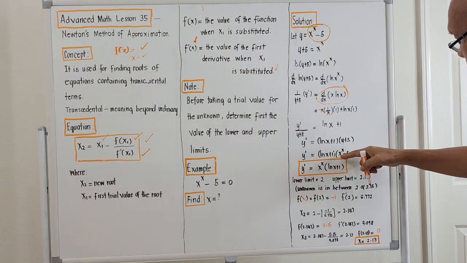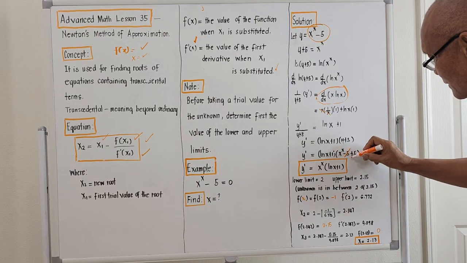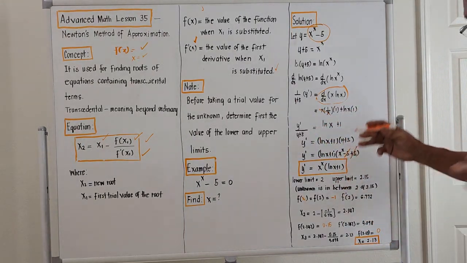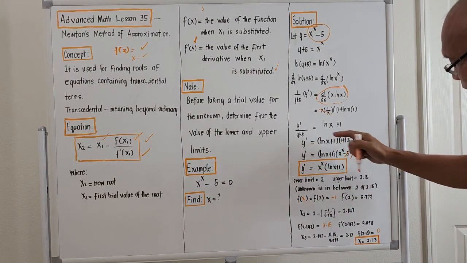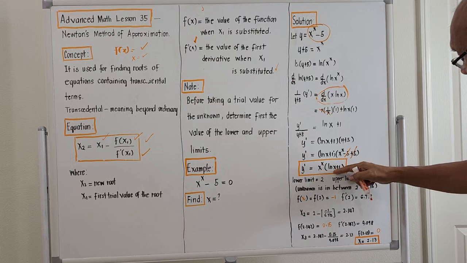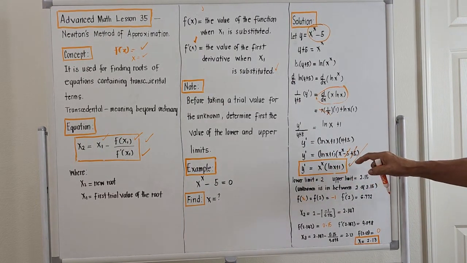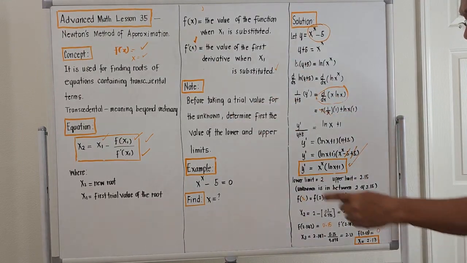Right? So this is x to the x minus 5 plus 5. So actually this cancels. So the first derivative of the complicated transcendental equation will be x to the x times the quantity natural logarithm of x plus 1. Why have we computed for this one? We have computed for this one because in the computation of the second root, we needed that one.